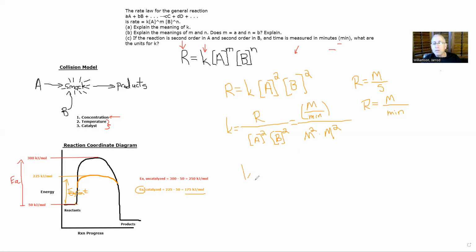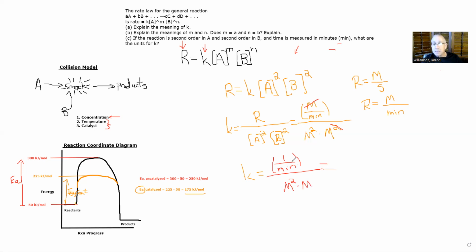So K will have units of, let's do this here now. This will cancel with one of those. So I will have 1 over minutes and I will have molarity squared times molarity.